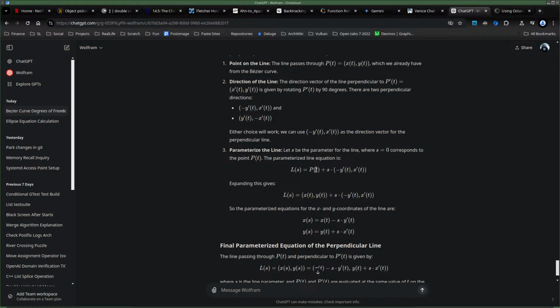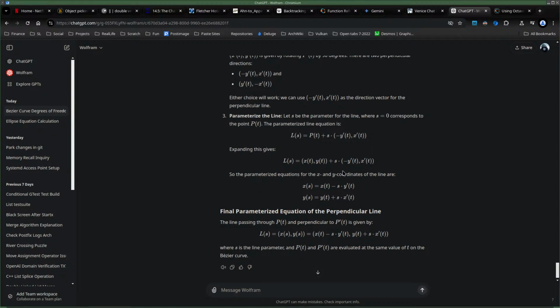So S is 0 gives P(t), and any other S just moves along this line, which, if you swap X and Y and you make one negative, then you rotated the thing 90 degrees. So this is totally perpendicular to that tangent there. Expanding this gives x(t) minus s times that. Okay, yeah, okay.